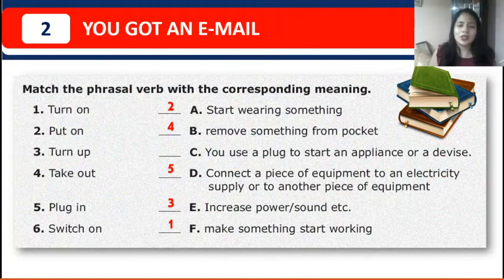Very good, students. Excellent. And now, let's go for number 6. Here we have switch on. Remember, the name of the device is switch, and we can switch on or switch off. Excellent. Here we have 6. You use a plug to start an appliance or a device.